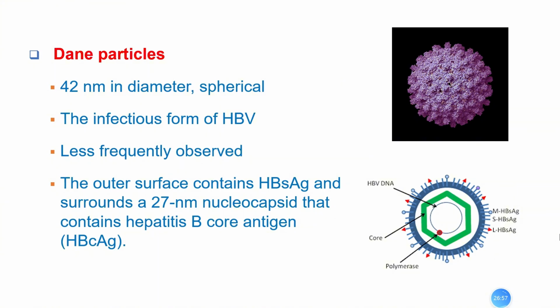Okay, and in the middle, that's a nucleocapsid, a protein shell with the genome inside. And on this capsid, you would find the core protein, core antigen, the C antigen.